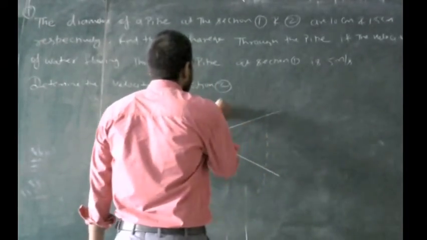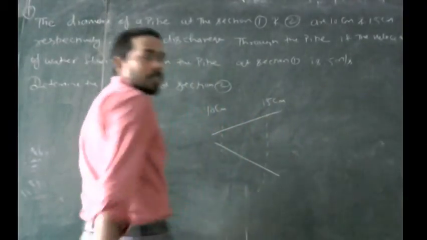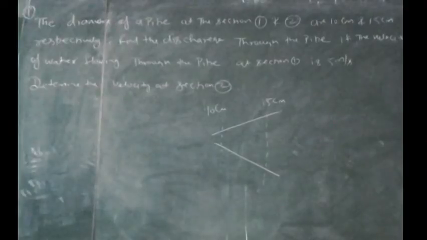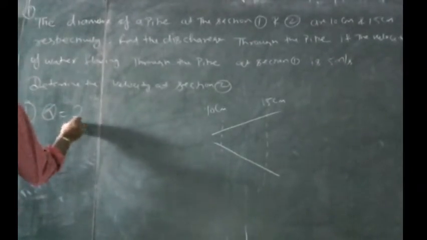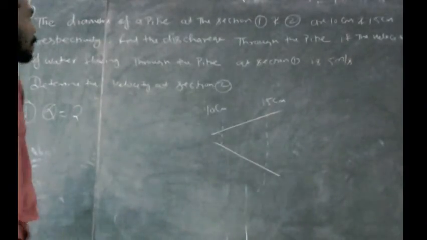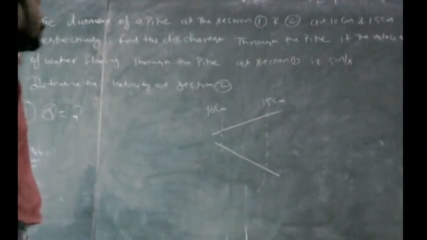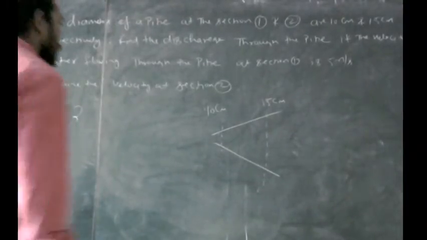That is 10 centimeter and that is 15 centimeter respectively. Find the discharge through the pipe. Discharge means Q, you have to find out Q. If the velocity of water flowing through the pipe at section 1 is 5 meter per second.